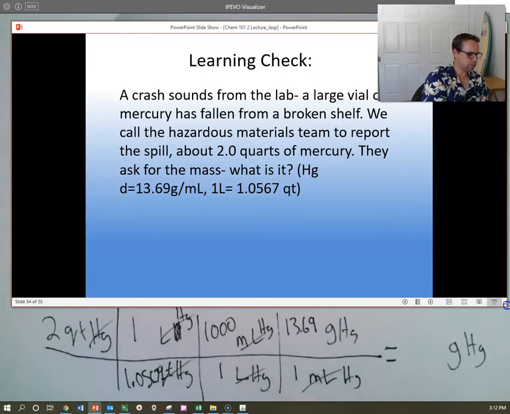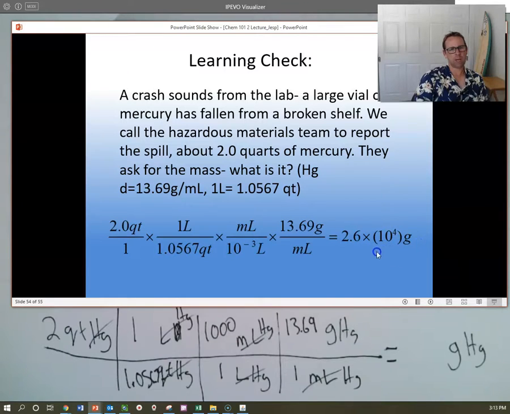So I just need to take the 2 divided by 1.0567 times 1,000 times 13.69. And that will give me my grams of mercury, which here ends up being 2.6 times 10 to the 4th.